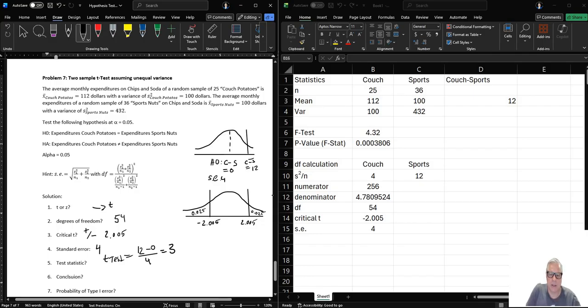And we can see that this t corresponds to a test statistic of 3. So we clearly reject the null, and the conclusion is we reject the null.